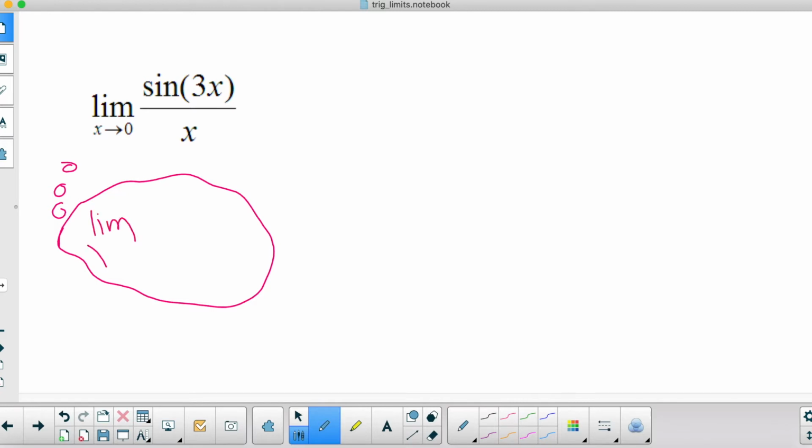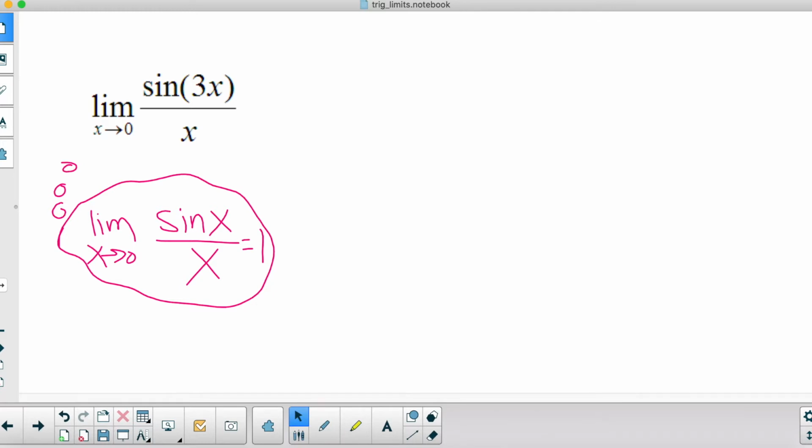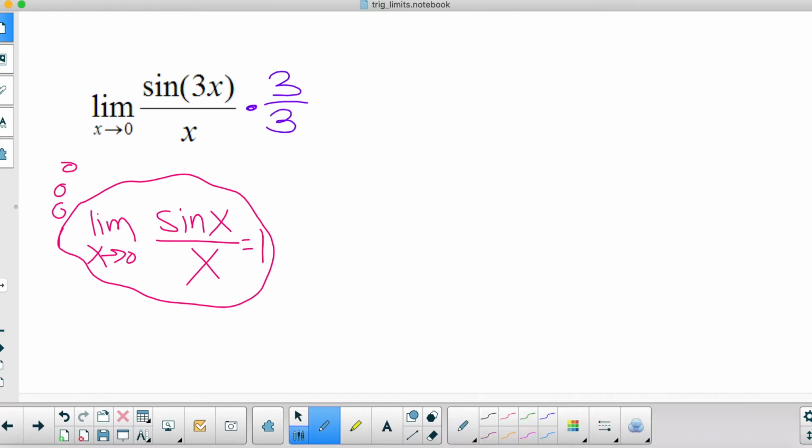In this case, because we have sine x in the numerator, we want to use this property where this is going to equal 1. So this is the property that we're looking to use. But currently in this problem, sine of 3x, we need a 3 in the denominator. So what we can do is use a magic 1 of 3 over 3.